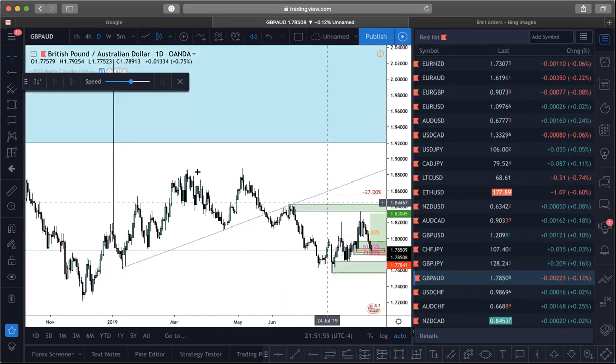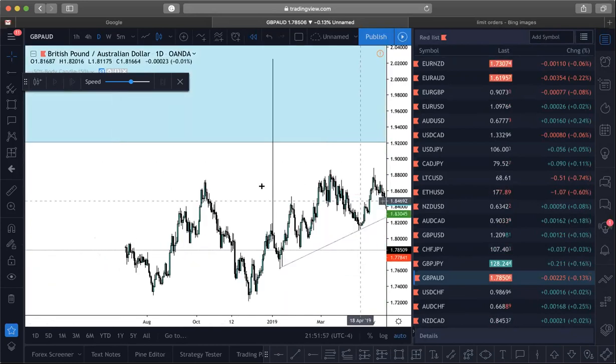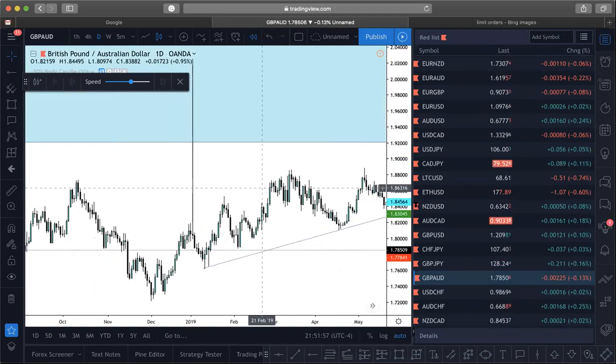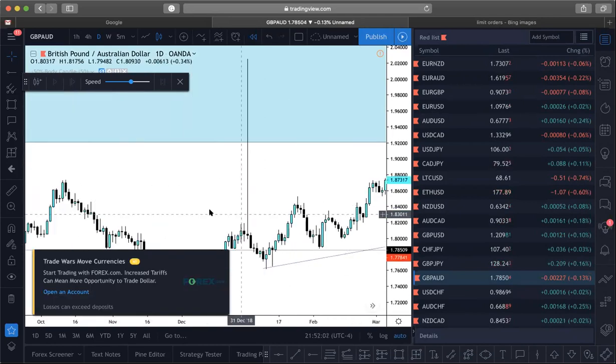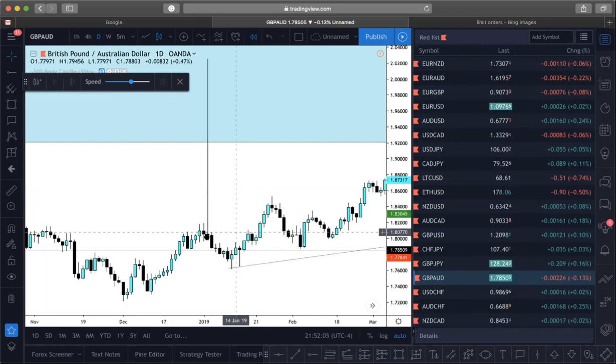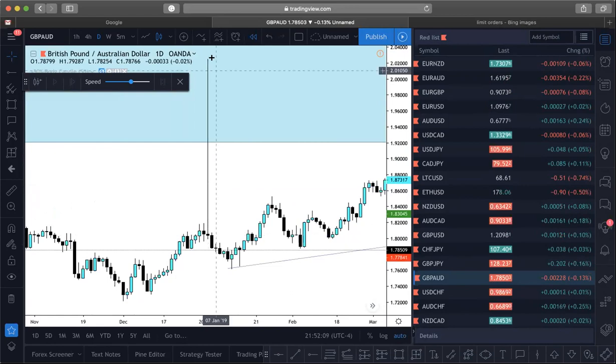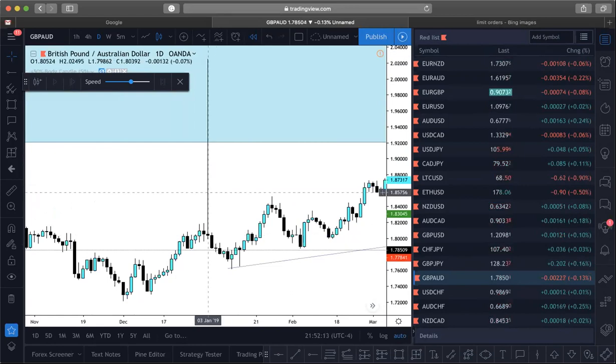Look at this one here. You see for this one candle, it opened, it came all the way up here, right? And then it came back down and closed.